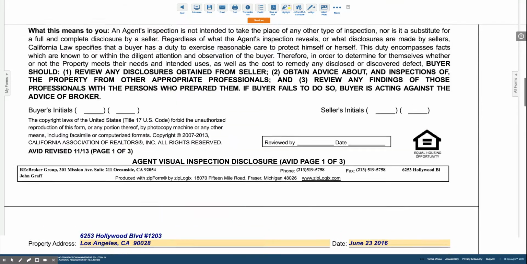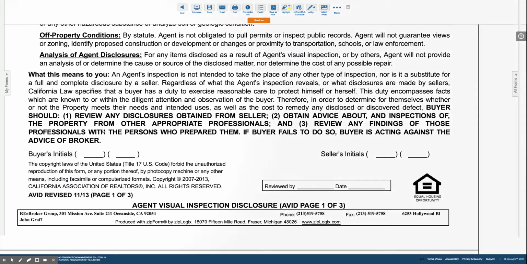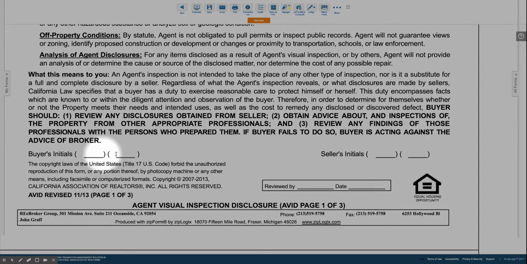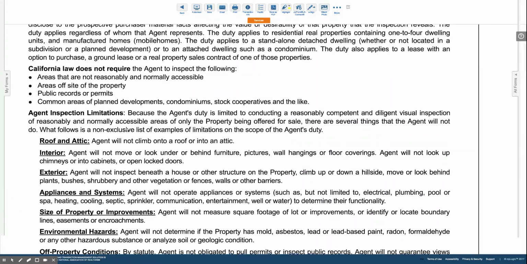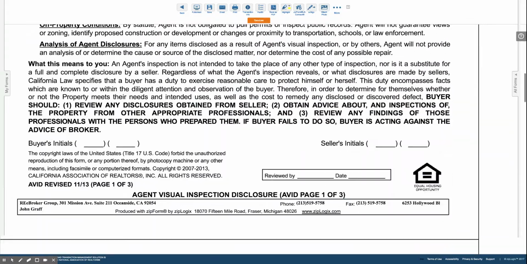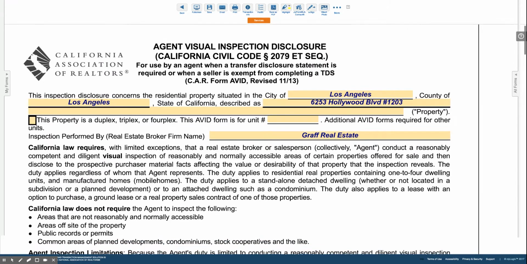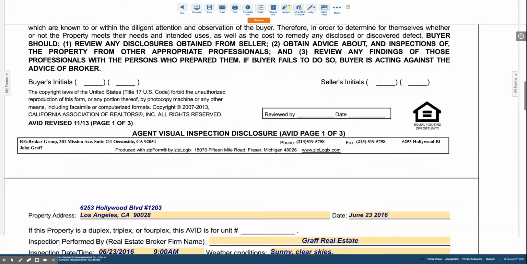So finally I want to point out, on the bottom of page 1 it does require the buyer and seller's initials, just so that everyone is clear about the purpose and the limitations of this AVID form.